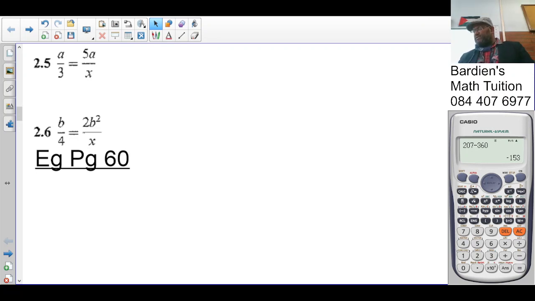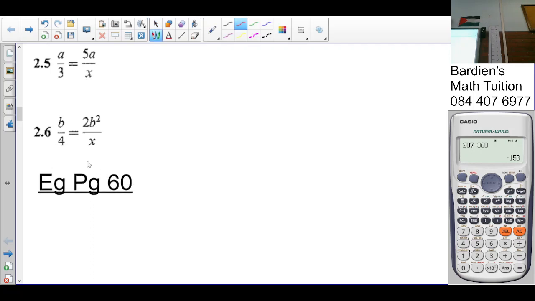Something else I want to show you before we leave. Alright, so how do I get from A to 5A? Times by 5. So I'll multiply this also by 5. X equal to?